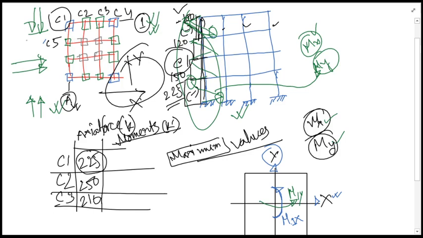So for example, if this direction gives you the maximum value of bending moment for C1, then you will be taking that value. Otherwise, if this direction's lateral force gives you the maximum value for C1, you will be taking this direction. From this one and this one, the maximum value will be taken, which will give you the maximum Mx.